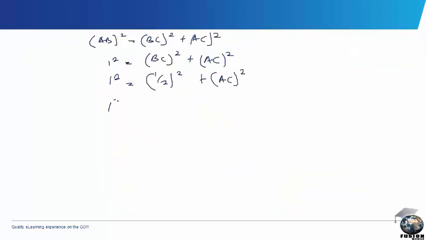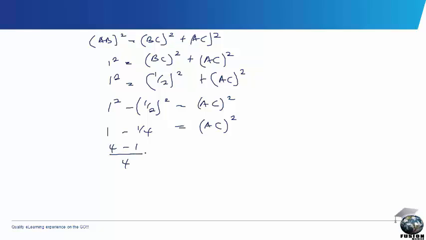And so this gives us 1 squared minus 1/2 squared equal to AC squared. 1 squared is 1, 1/2 squared is 1/4. Carrying out LCM here, you have 4 minus 1, so that you have 3/4 equal to AC squared.